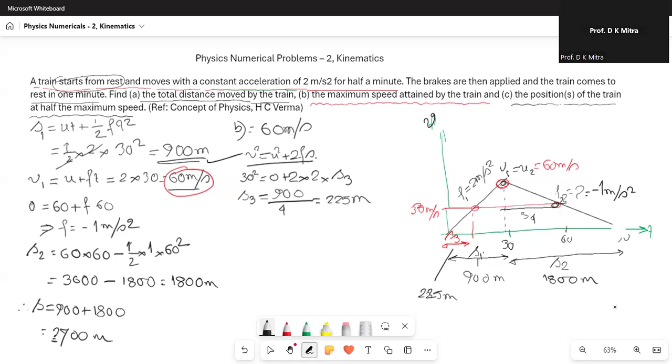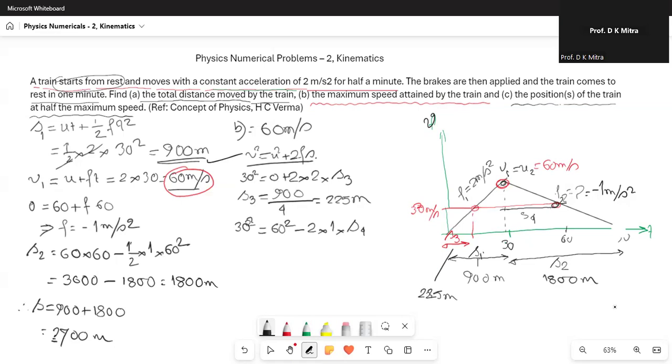So using the same formula again, the final velocity is 30, so 30 squared is equal to the initial velocity 60 squared. Now the acceleration is negative, so it is -2 into F here, which is -1. S is S4, which we have to find out.